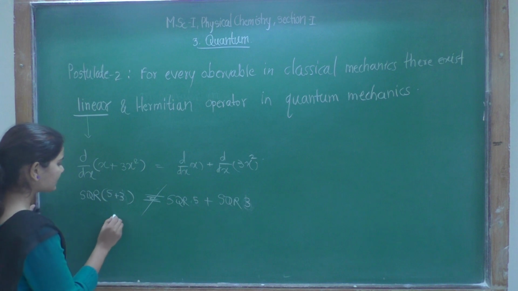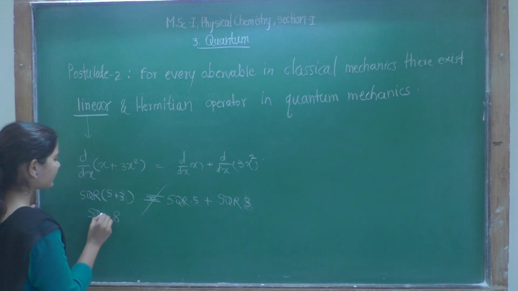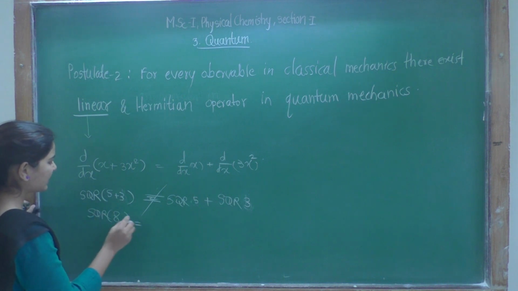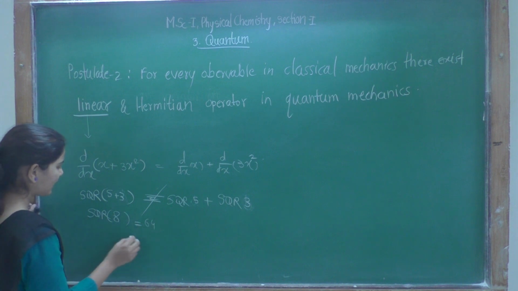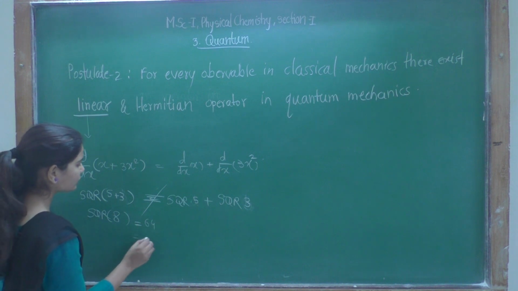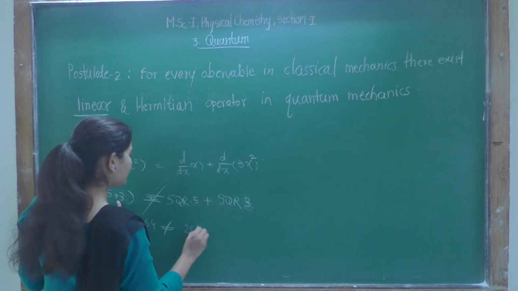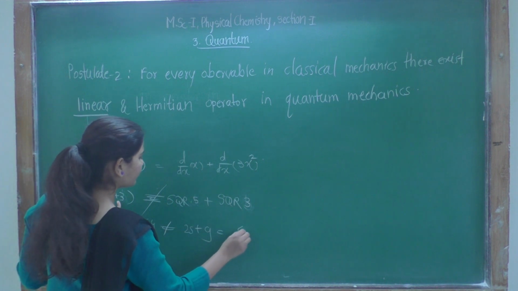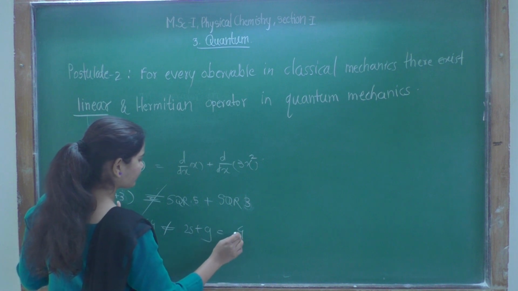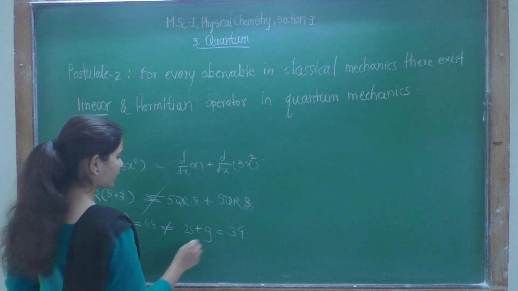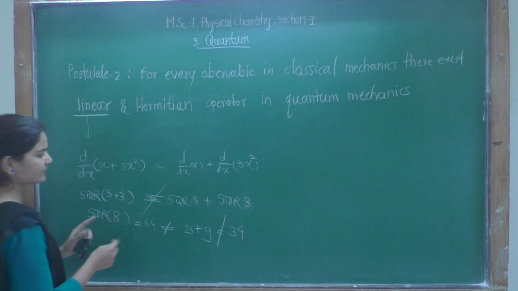It is the square of 8, which equals 64, and it is not equal to 25 plus 9, which is 34. So, this is not equal to this.